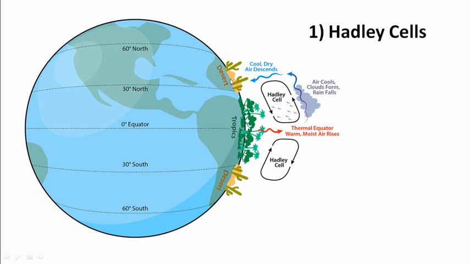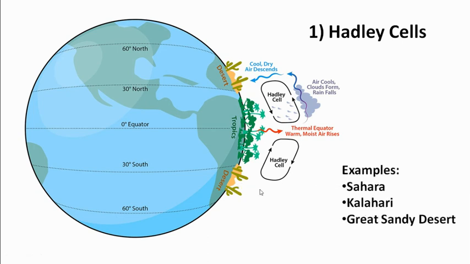So you tend to get deserts here and here. There are examples of deserts that were formed in this way. The Sahara was formed in this way in Africa. So was the Kalahari, also in Africa. And so was the Great Sandy Desert in Australia. So that's the first way in which deserts form. The first way is called Hadley cells.